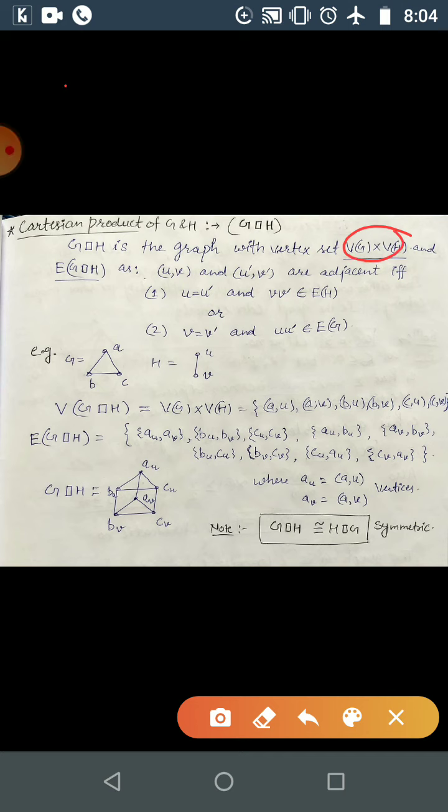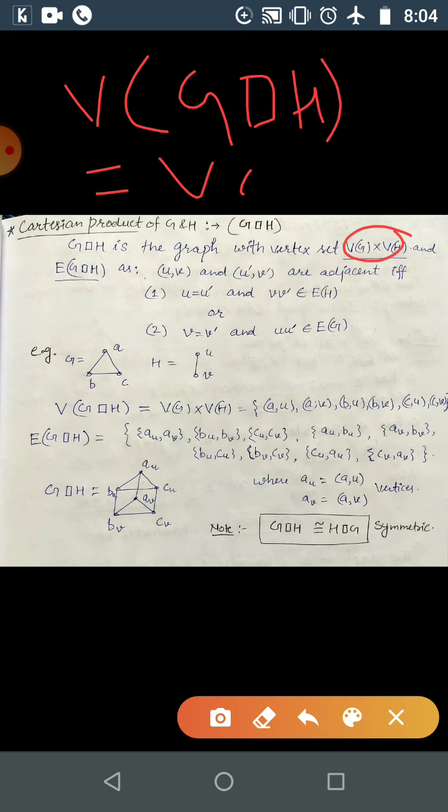This will be the vertex set of the Cartesian product of G and H. The edge set is given by this condition.